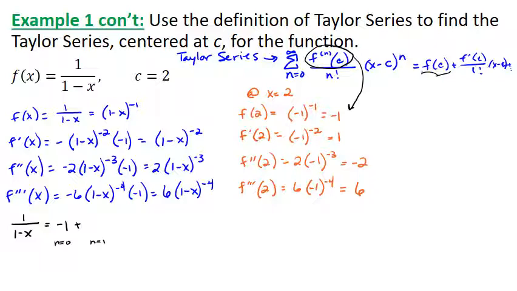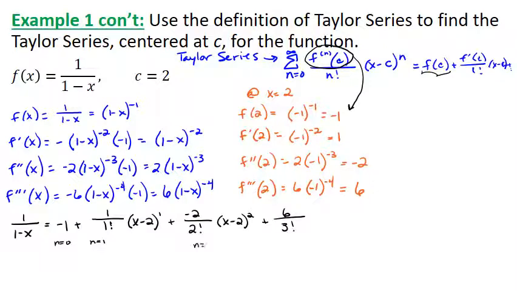All right, so f prime gives me 1 over 1 factorial times x minus 2 to the first power, plus, then I have negative 2 over 2 factorial times x minus 2 quantity squared, plus 6 over 3 factorial.